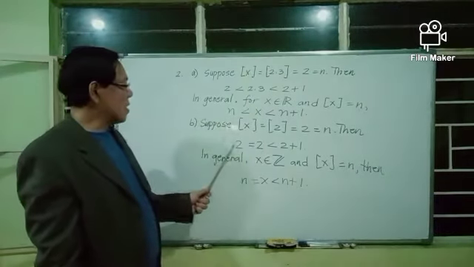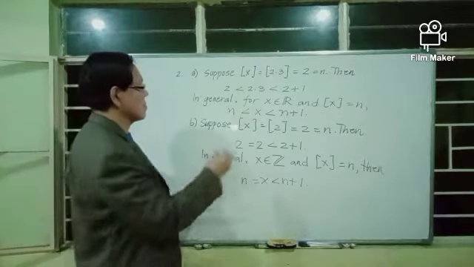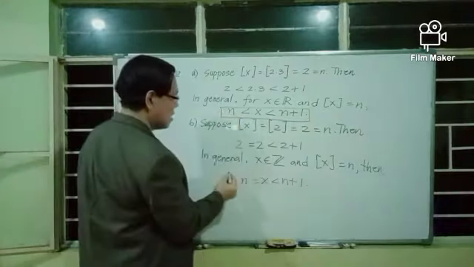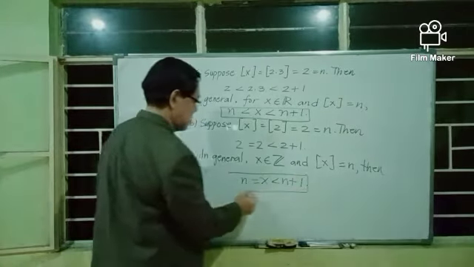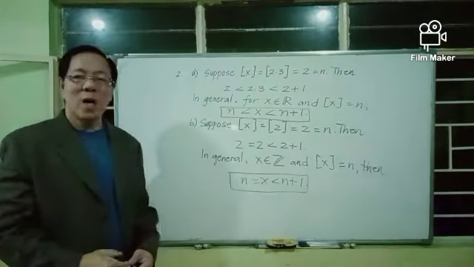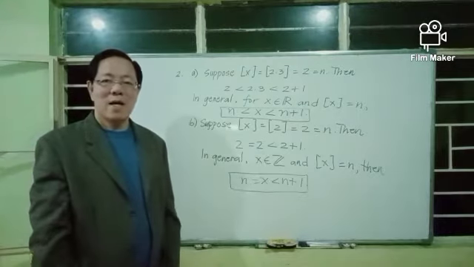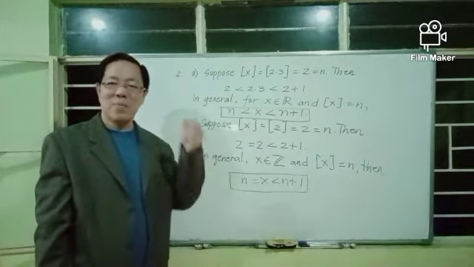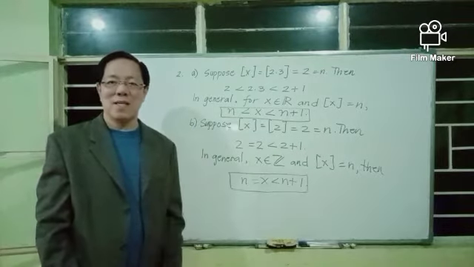Now we combine this result and this result into one statement, and we write now the second alternative definition of the greatest integer function.